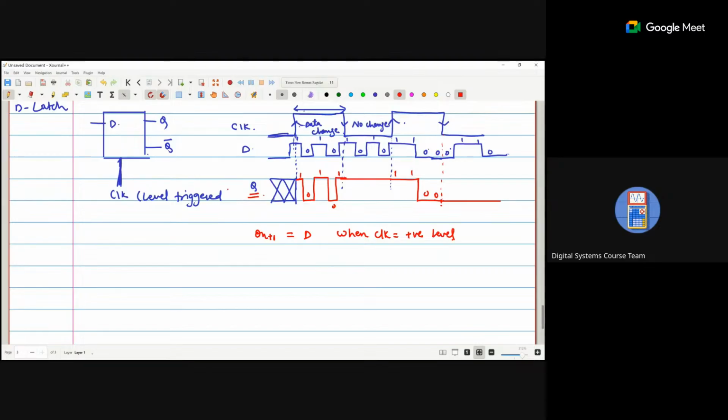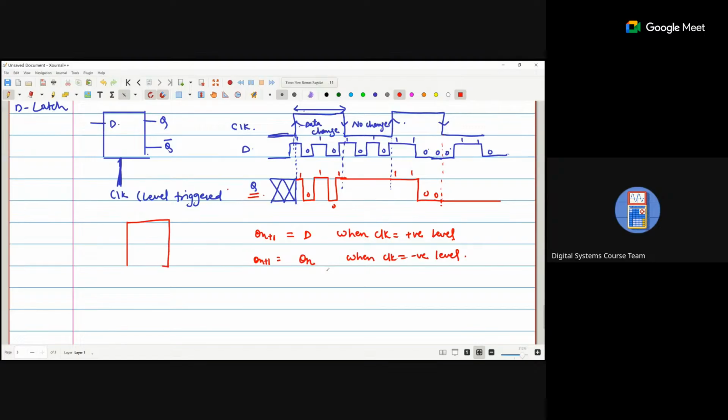Which we apply at D will be reflected as the output when the clock is positive. And Qn plus 1, where the data is no change, is Qn when the clock is negative. Okay, so we can implement this in this way.